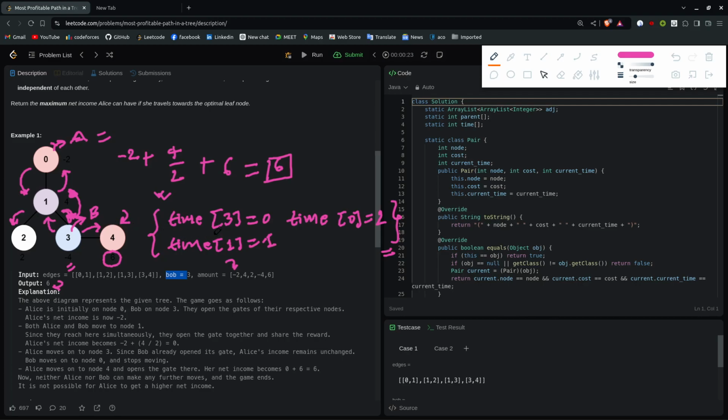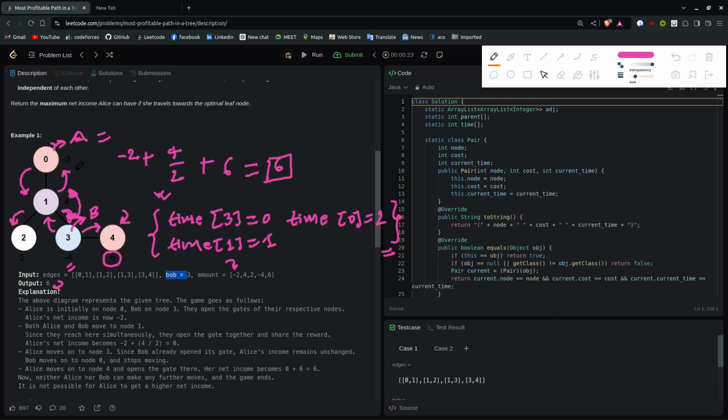So we see that time to reach node 3 is 0, time to reach node 1 is 1, and time to reach node 0 is 2. We can generate this starting from node 3, build a parent array, and then keep jumping one step forward, and then we can simply compute this time array.